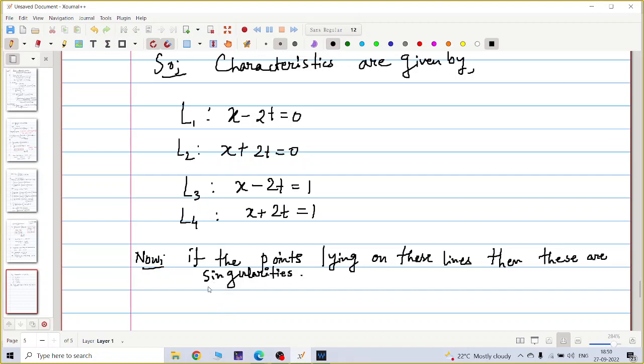So that means u is not a classical solution in a neighborhood of these points.